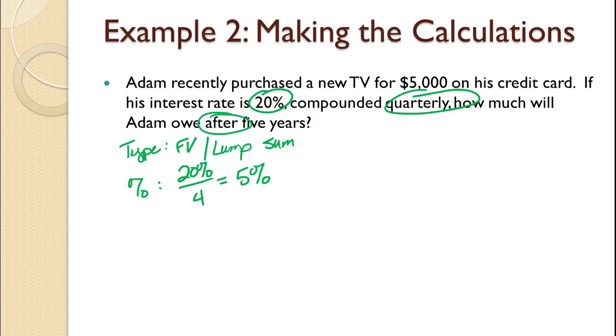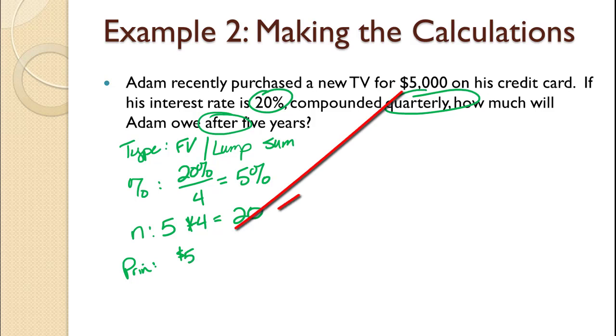And he's going to pay this off supposedly in 5 years, but we're not interested in years, we're interested in periods. So my N is 20. My principal is the 5,000, and there are no interest payments.